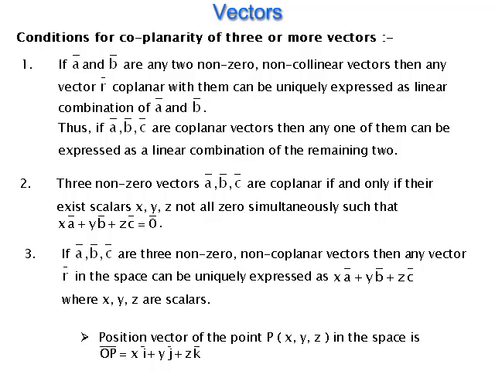Using this theorem, we can obtain position vector of the point P(x, y, z) in the space as OP bar equal to x i bar plus y j bar plus z k bar, where i bar, j bar and k bar are unit vectors in the positive directions of coordinate axes x, y and z respectively.